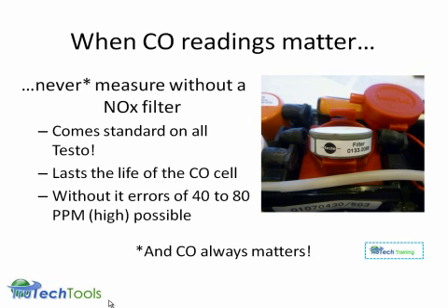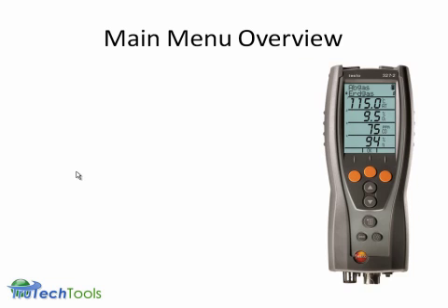They come standard on all Testo units. They typically last the life of the CO cell, but without that, there's errors of 40 to 80 ppm high possible. So, whenever CO really matters, if you're doing weatherization, you're doing furnace testing, make sure you're using a unit with a NOx filter.